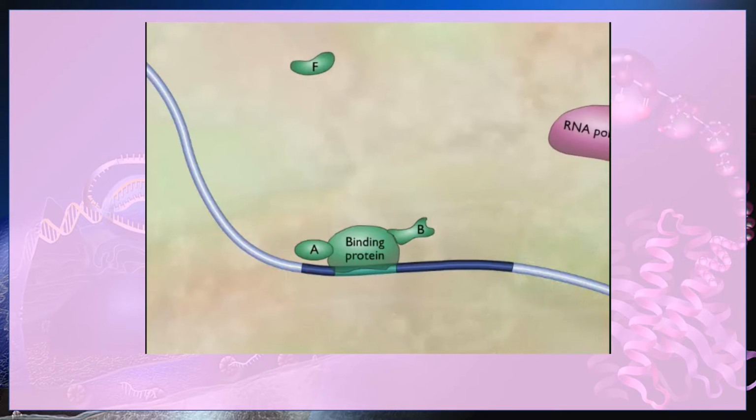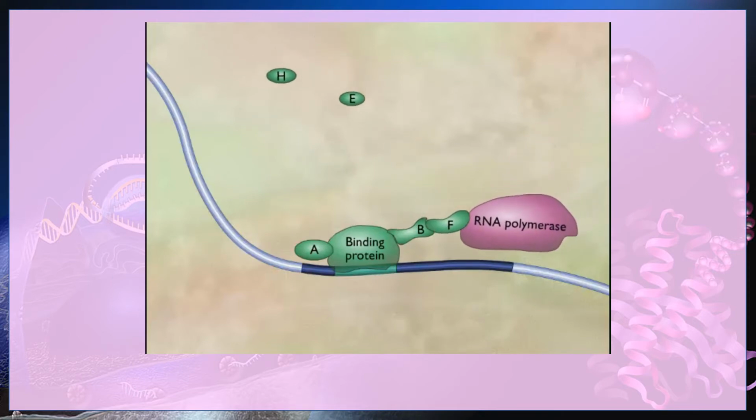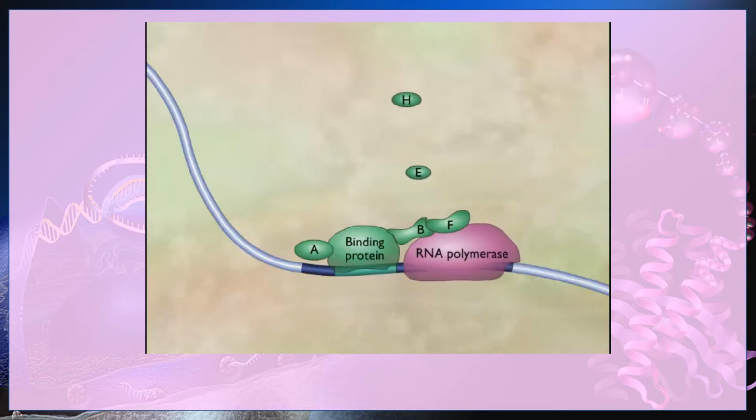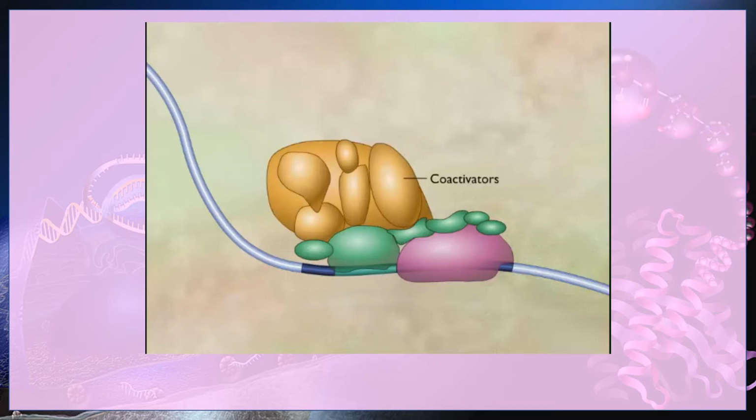Other basal factor proteins then bind, eventually forming a full transcription factor complex, able to capture the RNA polymerase. Basal factors are essential for transcription, but cannot by themselves increase or decrease its rate. A second set of transcription factors called coactivators link the basal factors with a third set of transcription factor proteins called activators. The activator proteins are not shown.